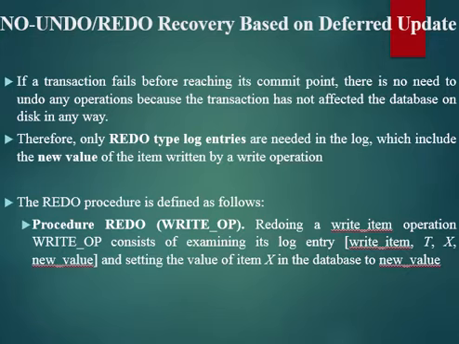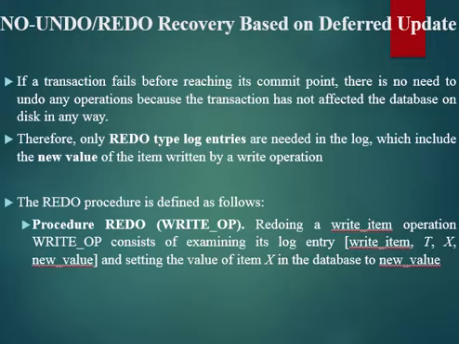We studied in our previous class that after a system crash the DBMS will go through the system log or transaction log and do either an undo operation or a redo operation. If a transaction starts and its commit record or abort record is not present in the system log, then we will do an undo operation. That's the first case.